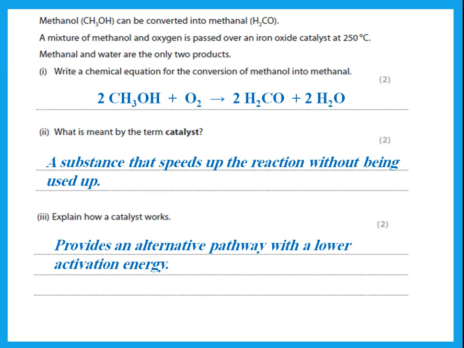How does it increase the rate? Because it provides an alternative pathway. That means that the reaction is going to go in a different method. And this new way has a lower activation energy. And that is why the reaction is fast.